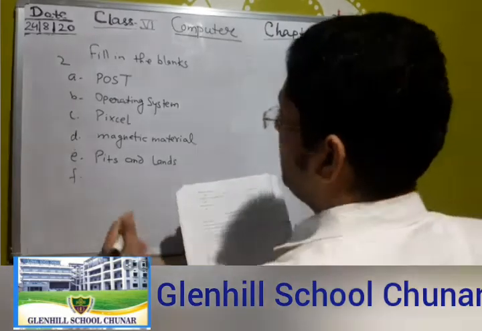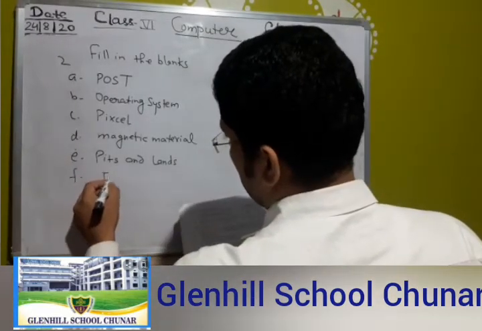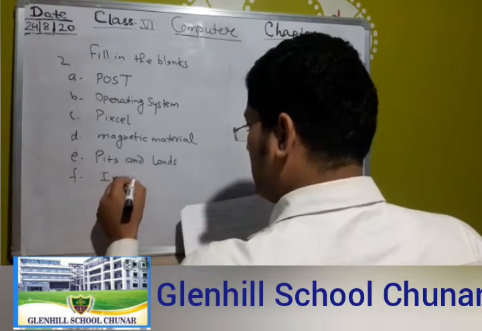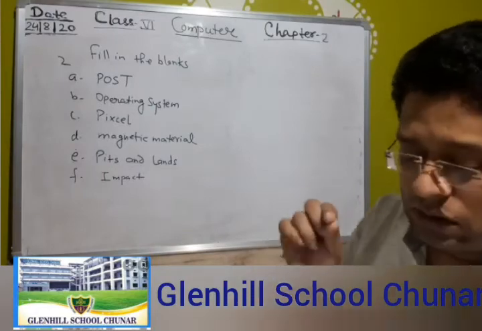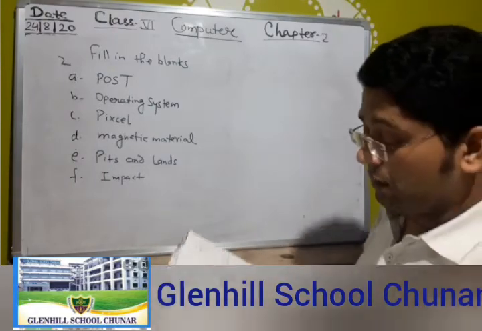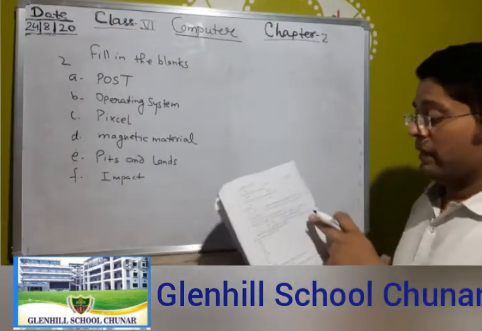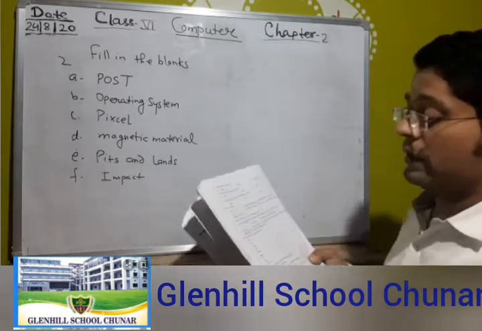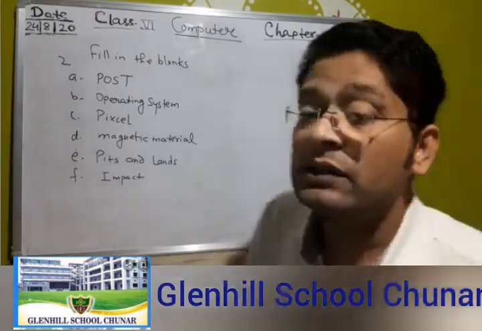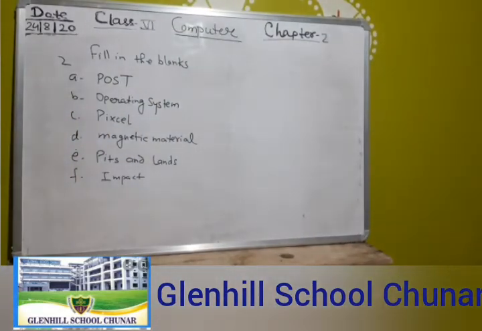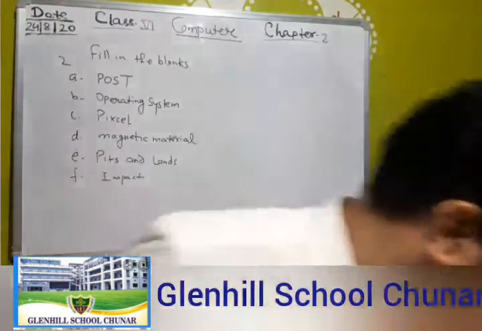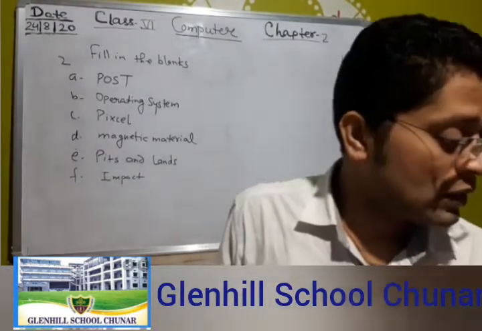And impact printer produces the output by pressing a print element and an ink ribbon against the face of continuous paper form. Student, okay? Yes. So fill in the blanks.